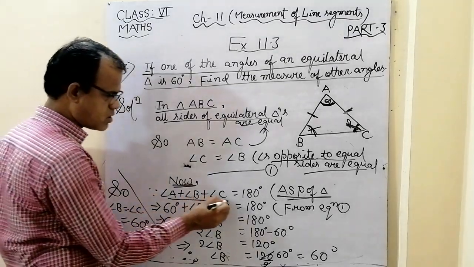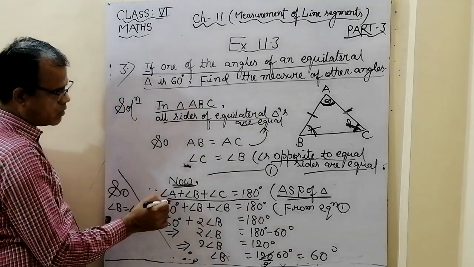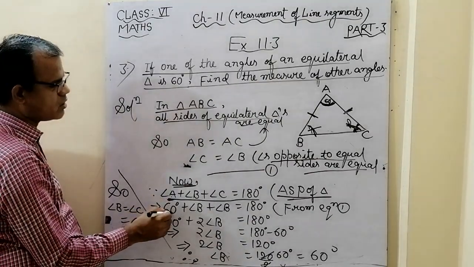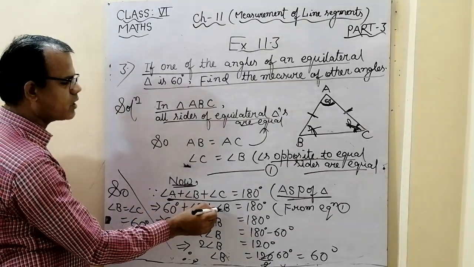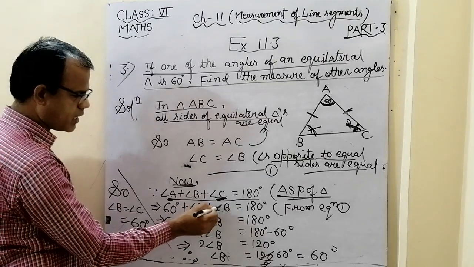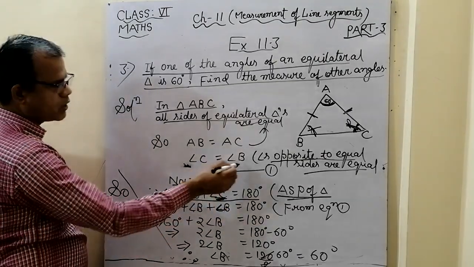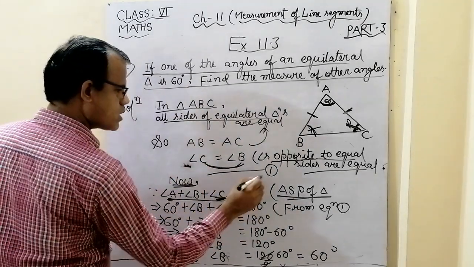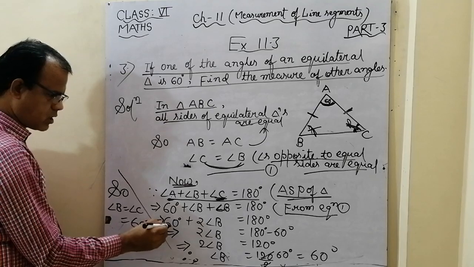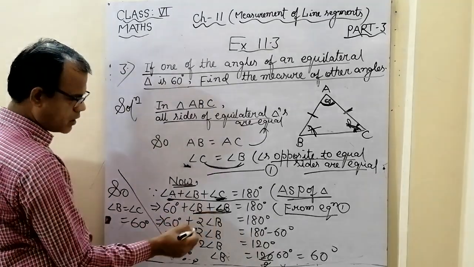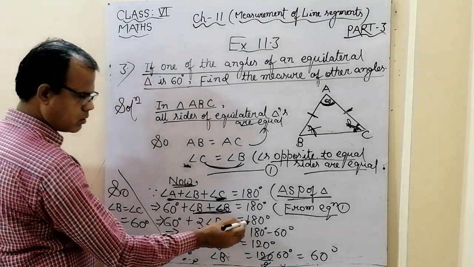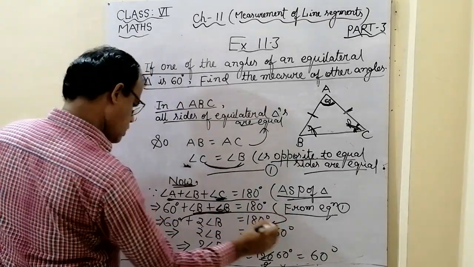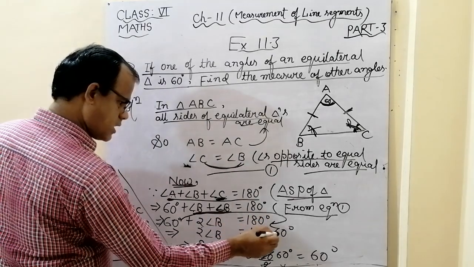Now look here, we write the value of angle A 60 degree plus angle B plus angle B. In place of angle C we write angle B. Why? Because angle B is equal to angle C from equation 1. So 60 degree plus angle B plus angle B equal to 180 degree.